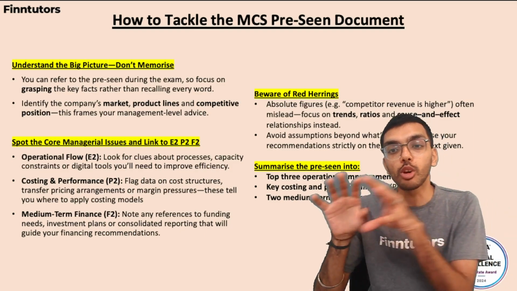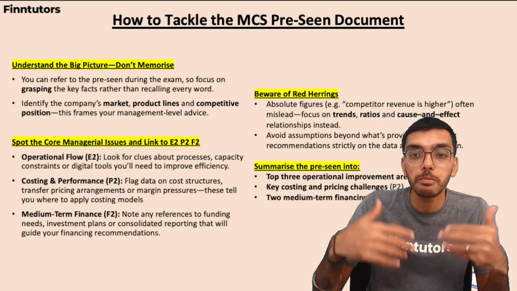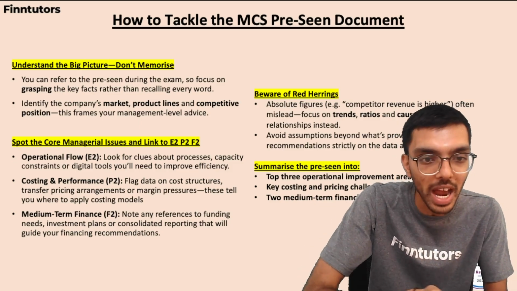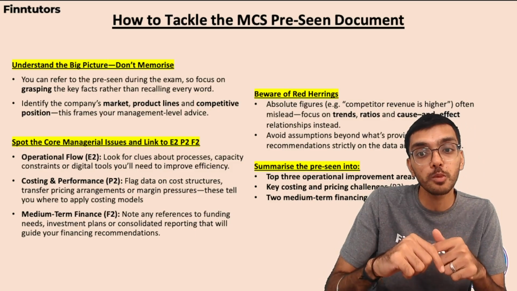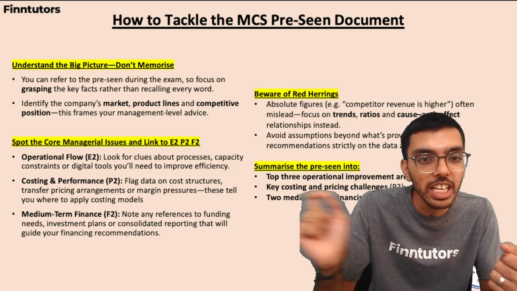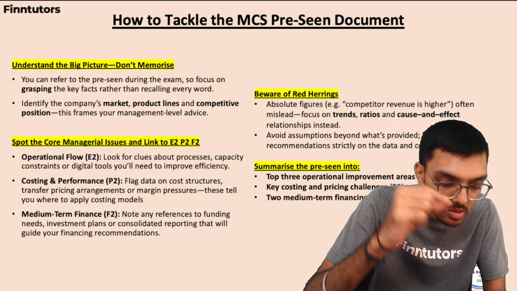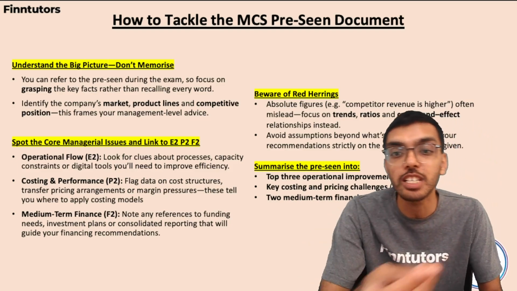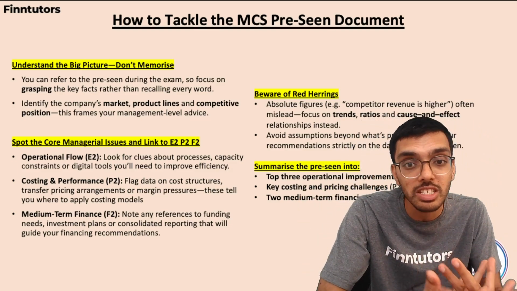If you have the knowledge, or if you're studying with expert tutors like us, this job becomes much easier because we do all of that for you. But if you're doing it by yourself as well, these light bulbs have to quickly come for you. Flag E2 areas, P2 areas, F2 areas as and when you can, because these are going to be major aspects which you could be tested on.